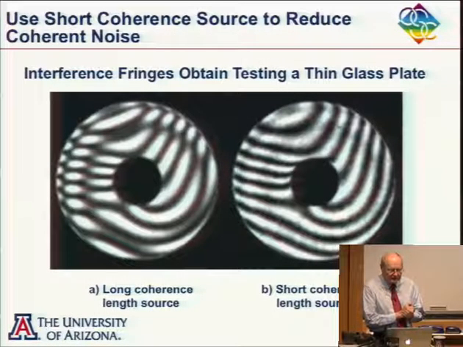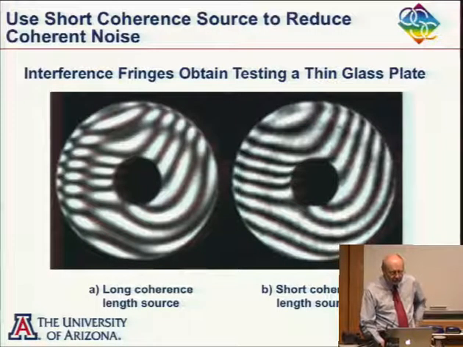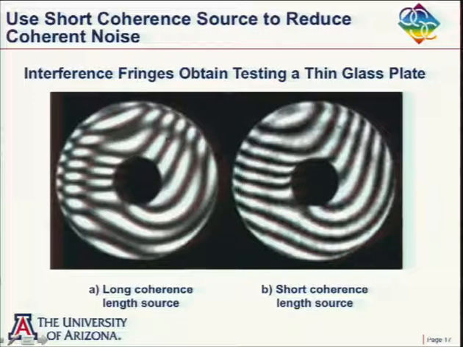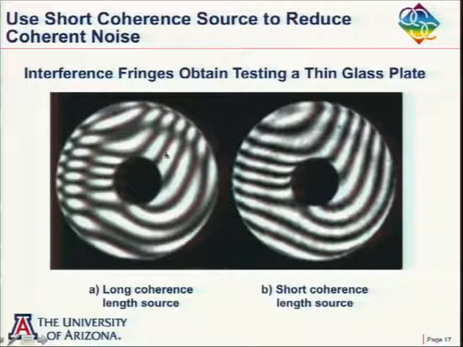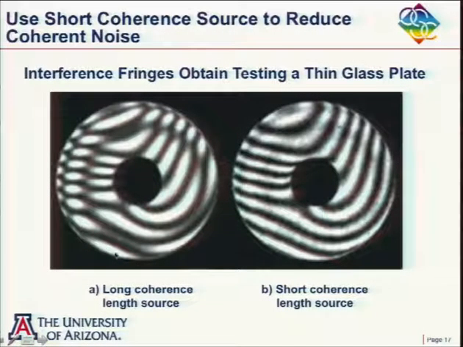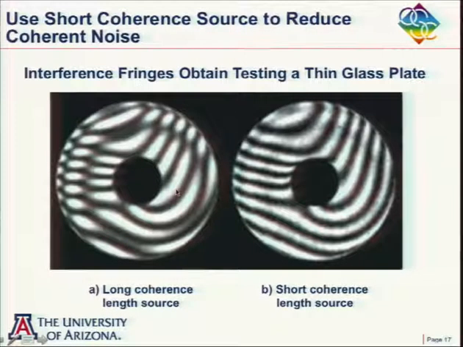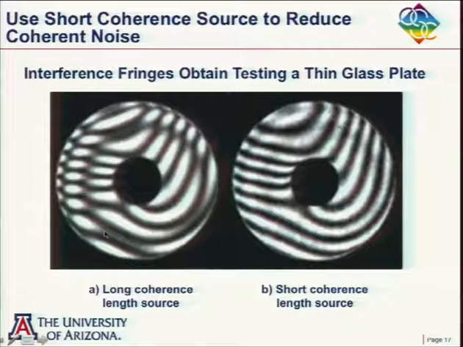So what I'm saying, if I were to test a window, a thin glass window, put a wedge in it or something, I'm going to get a pattern that's kind of messed up here. I mean, these fringes, they look kind of weird. Right? If I can some way use a short coherence length source, I can get rid of these spurious fringes.